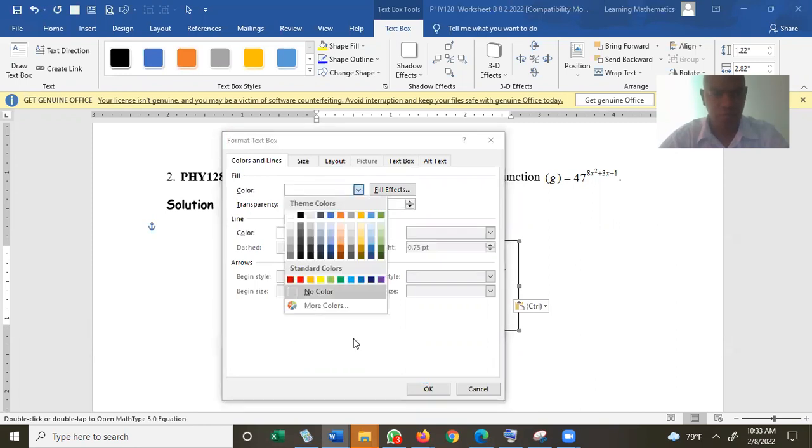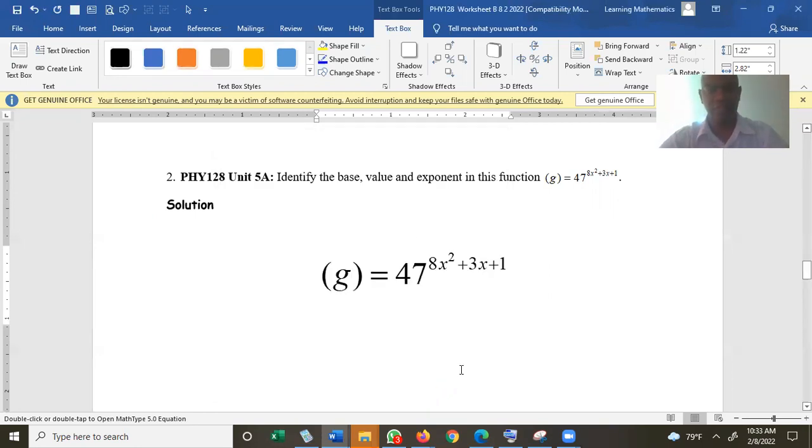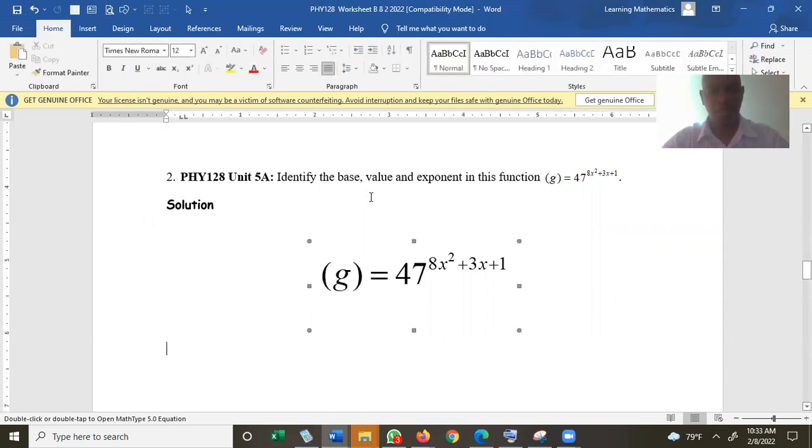Okay, so basically this question is a simple case of labeling. What is the base value and the exponent?